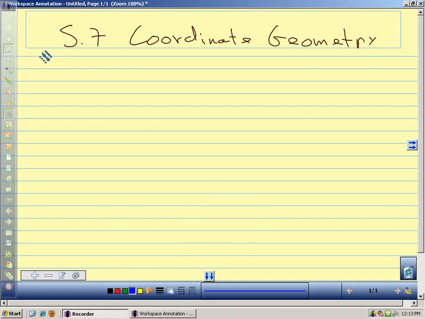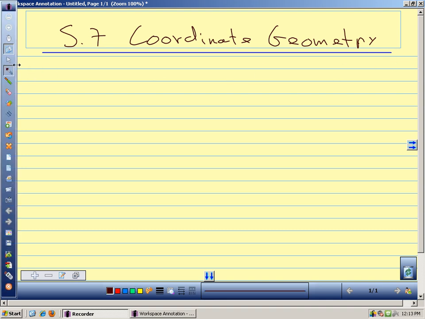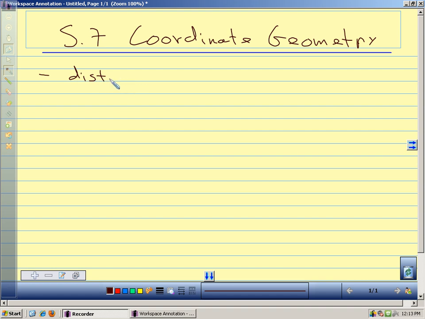So we're talking about how we can use variables to describe our coordinates. And our tools are the formulas that we talked about from yesterday. Our distance formula. And I'm just going to rewrite them so I have them all in one place.